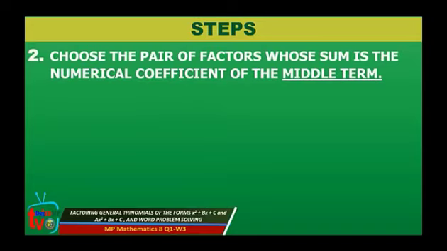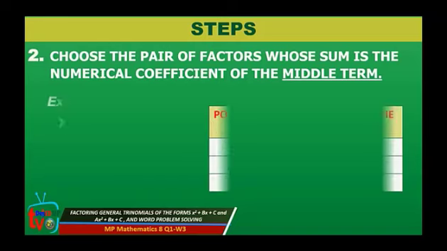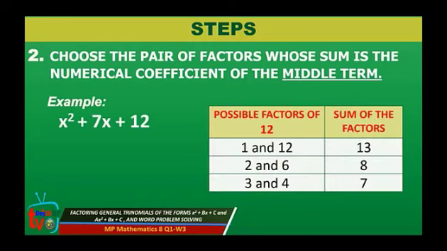Second, choose the pair of factors whose sum is the numerical coefficient of the middle term. In here, the middle term is 7x. Therefore, from the given list of factors, we choose the pair 3 and 4.